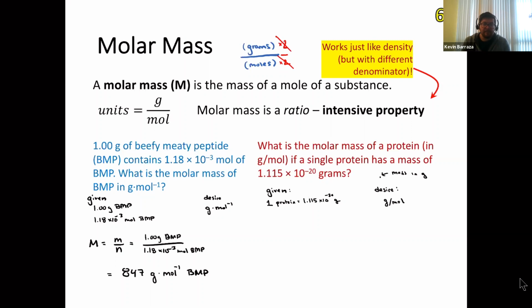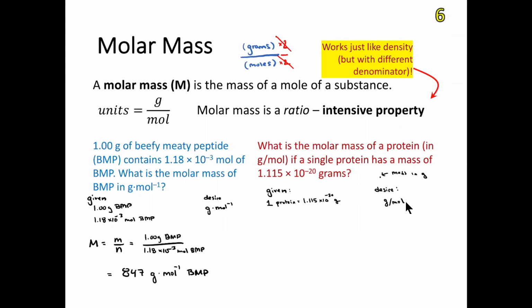One protein is that many grams, but I'd like to know how much a mole of protein will weigh. So I want to go from an individual count to a group called a mole. So what number am I going to use to go from individuals to a group? It's Avogadro's number, right? Avogadro's number is the how many to a mole, and it's 6.022.